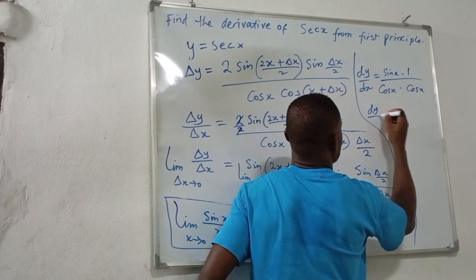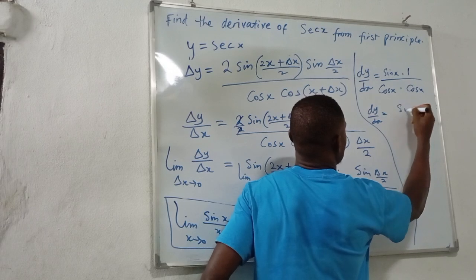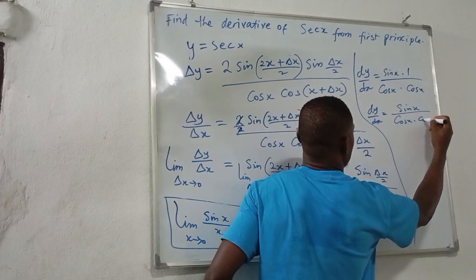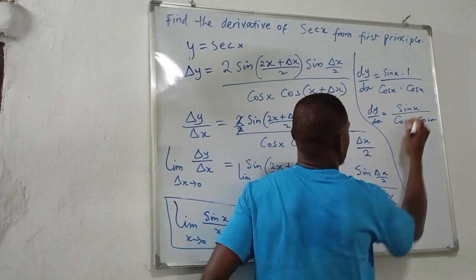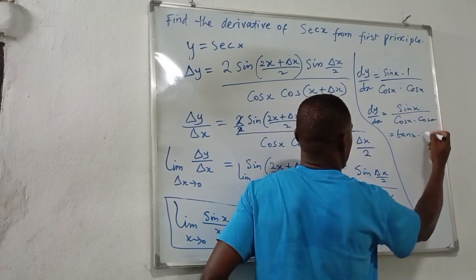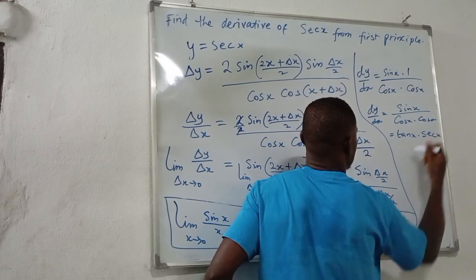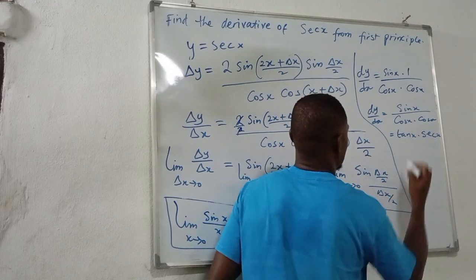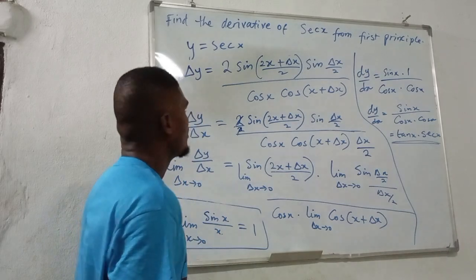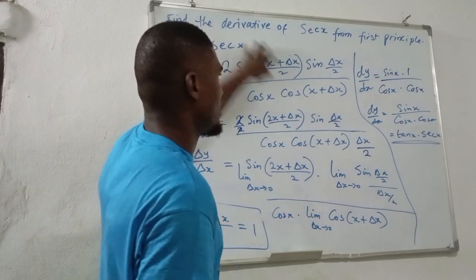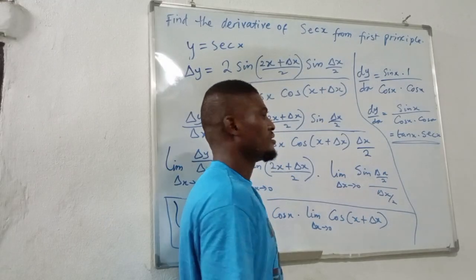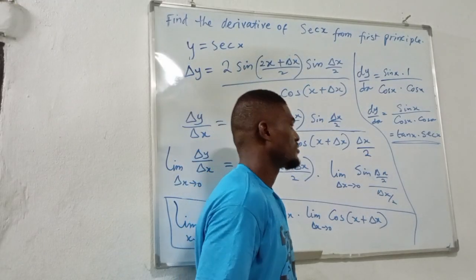So dy dx is the same thing as sine x over cos x dot 1 over cos x, right? This and this will give you tan, and 1 over cos is sec x. Alright, so that will be the answer. So if y is equal to sec x, dy dx is going to be tan x sec x.